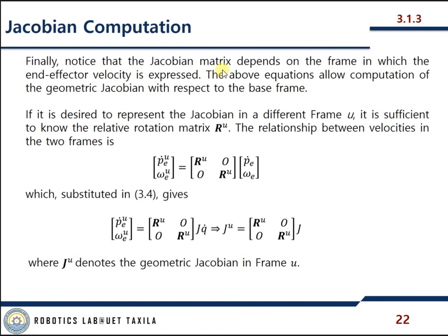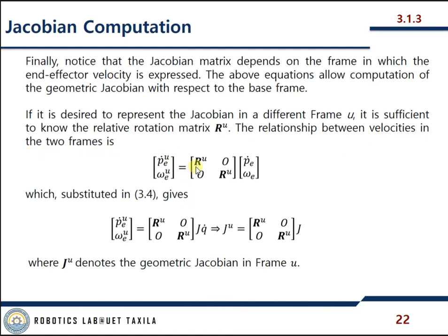Finally, notice that the Jacobian matrix depends on the frame in which the end effector velocity is expressed. The above equations allow computation of the geometric Jacobian with respect to the base frame. If it is desired to represent the Jacobian in a different frame, say U, it is sufficient to know the relative rotation matrix R U, and the relationship between the velocities in the two frames.